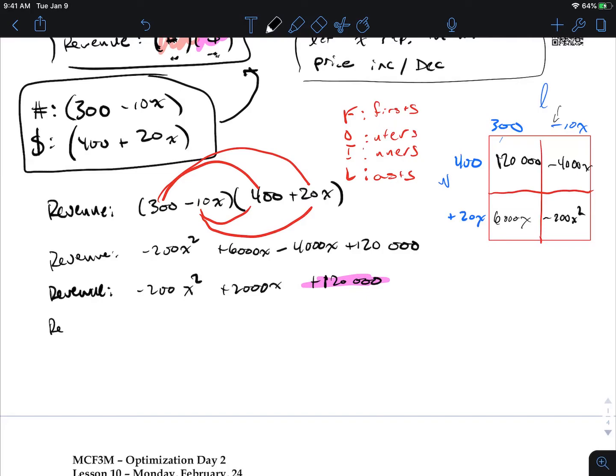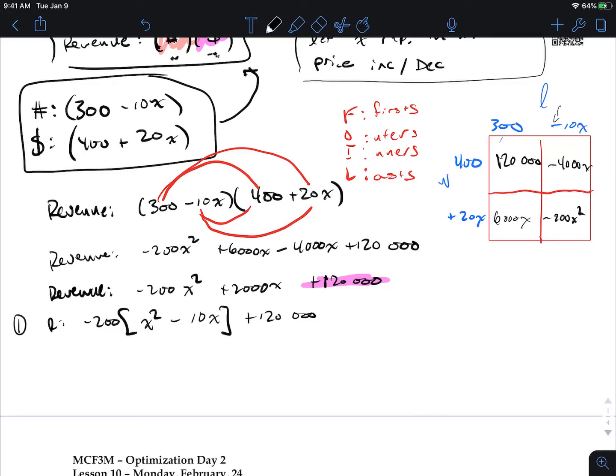So revenue, I'm just going to start writing: negative 200 times x squared minus 10x. Now, that's step one: factor out the number up front.